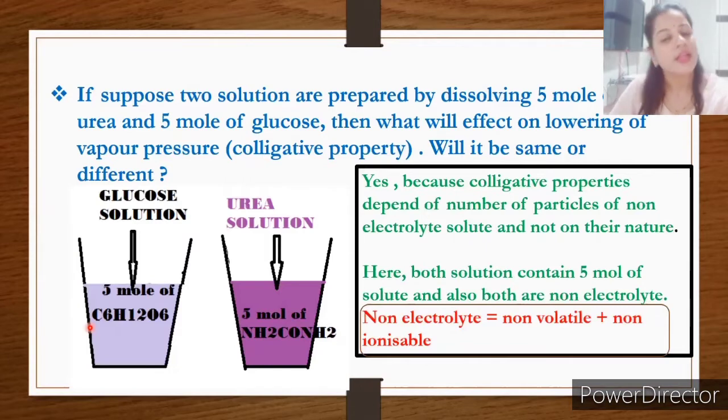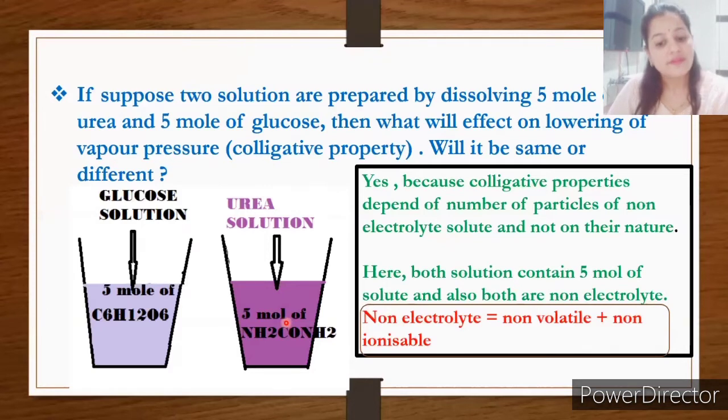We saw what non-volatile means in the last video, and neither glucose nor urea is volatile. Non-ionizable means the solute should not get ionized when dissolved in water.